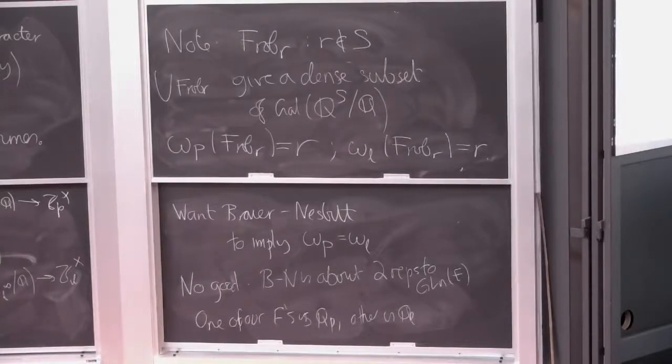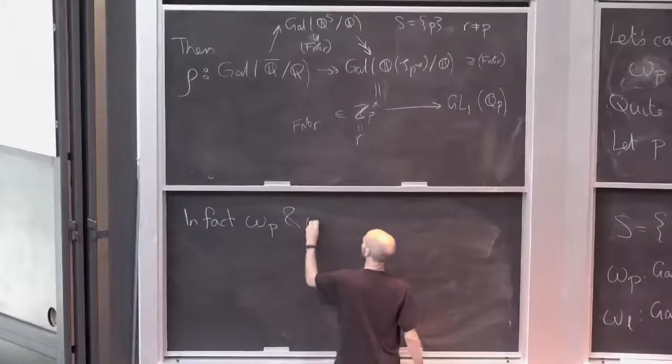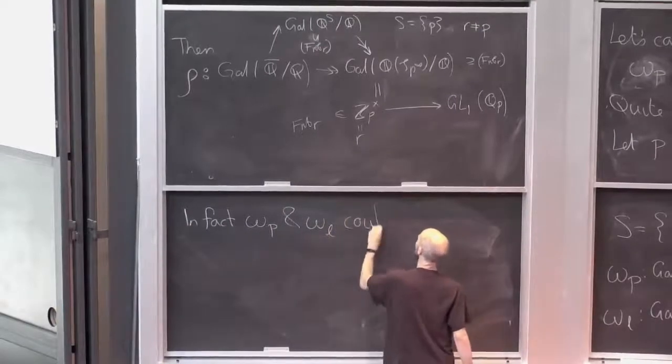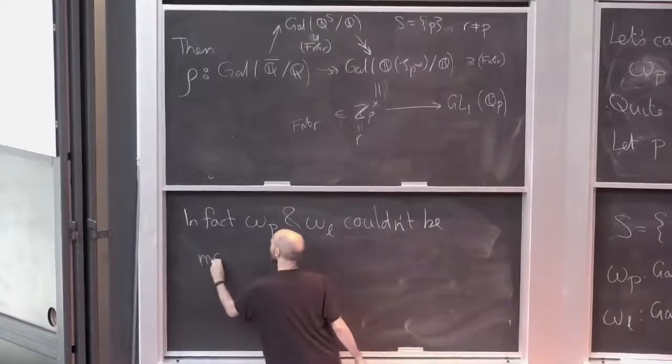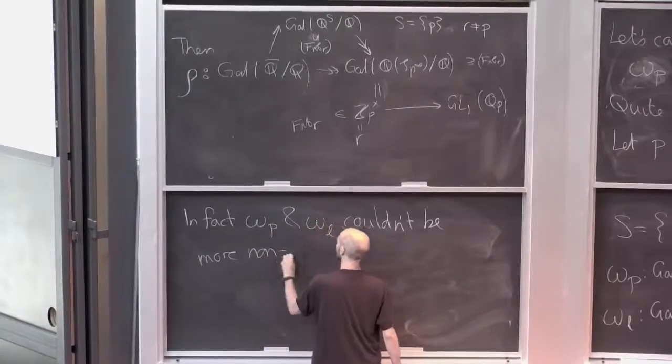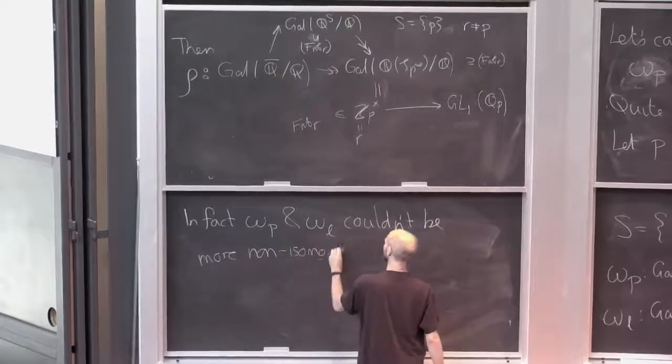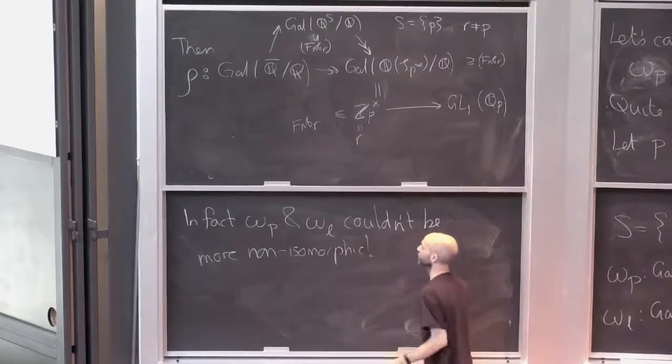They have the same traces, and yet they are completely different. Their kernels are utterly unrelated, right? So in fact, omega p and omega L couldn't be more different, couldn't be more non-isomorphic, right? Because let's look at the pictures.